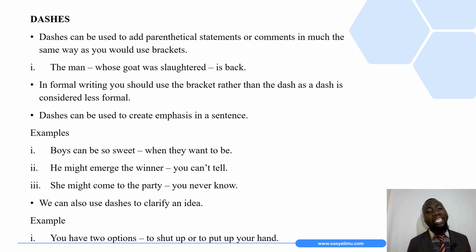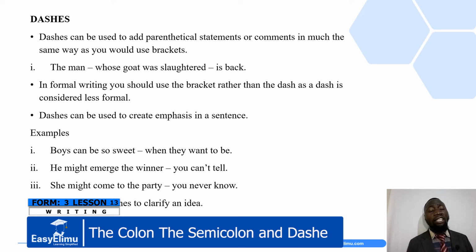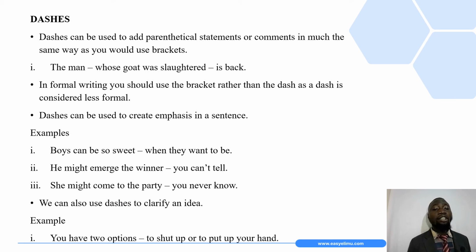If we omit the additional information, that is, whose goat was slaughtered, we are still going to have a statement that is complete and expressing a complete thought: the man is back. So the use of the two dashes is to give additional information about the man who is back.